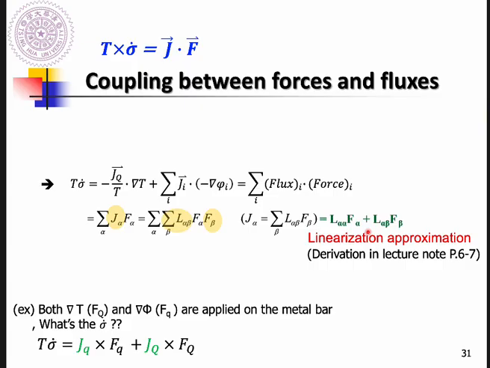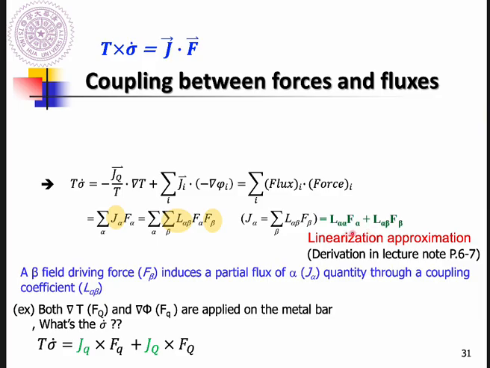Sorry. But to explain this, we call it the coupling between the force and the flux, when the beta driving force F beta induces a partial flux of alpha quantities through the coupling coefficient L alpha beta.